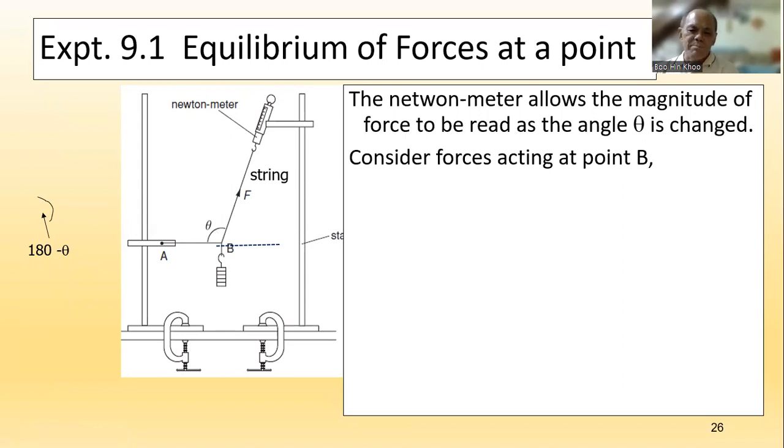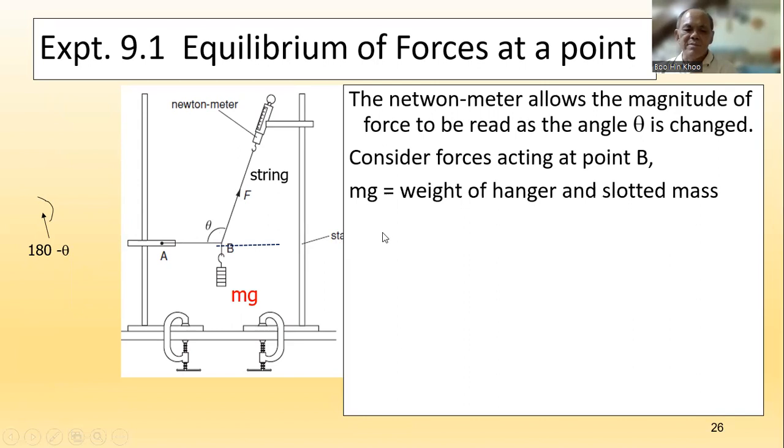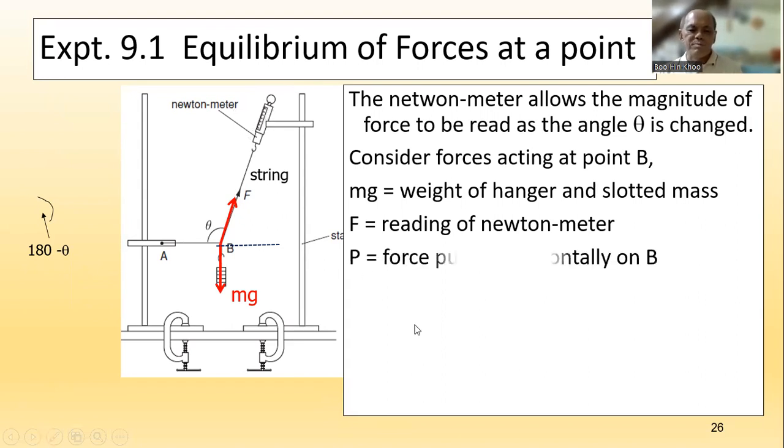Consider the forces acting at point B. mg is the weight pulling downwards, the weight of the hanger and slotted mass. F is the tension measured using the Newton meter or spring balance.